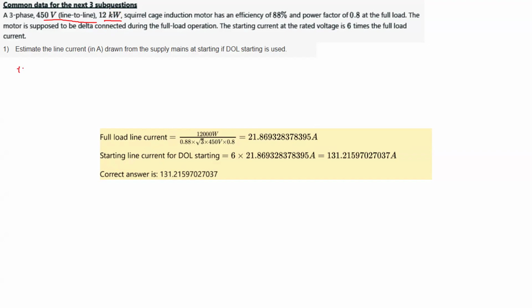Not only in this assignment, in previous assignments also, you will see that we sometimes use the output power information. So whenever in any question you see the power being mentioned, it is the output power of the motor.